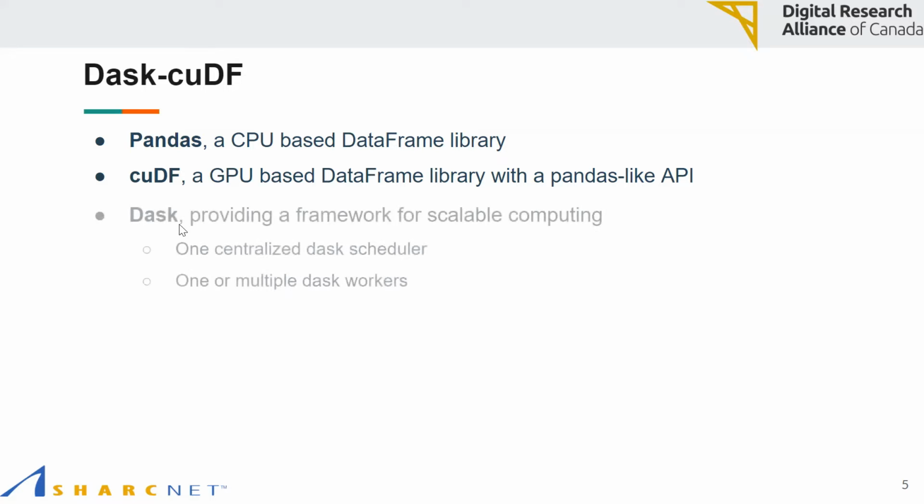As we mentioned, when dealing with a large data set, Dask provides a framework for scalable computing. It is achieved through a Dask cluster deployment, which consists of one centralized Dask scheduler and one or more Dask workers. Here, the Dask scheduler and the Dask workers are processes running at the backend, like daemon processes.